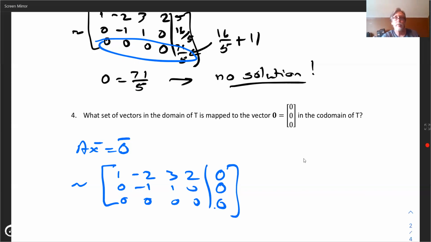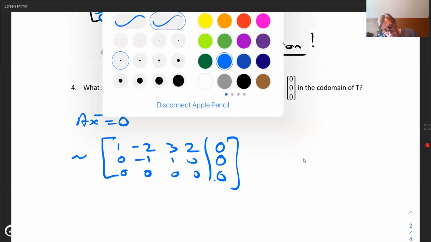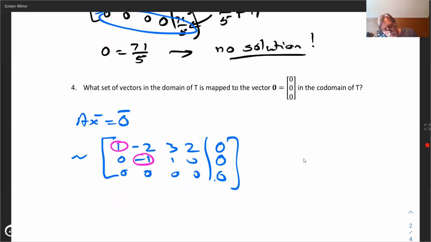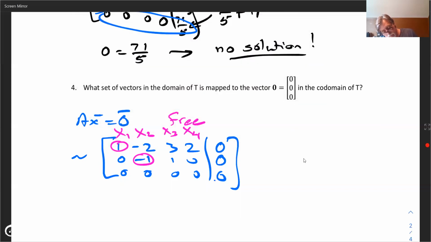Now, in this case, you notice I've got two basic variables, call them x1 and x2, and then x3 and x4 are free. So if we were to go ahead and solve this like we're supposed to, what we would say is that minus x2 plus x3 is equal to 0.